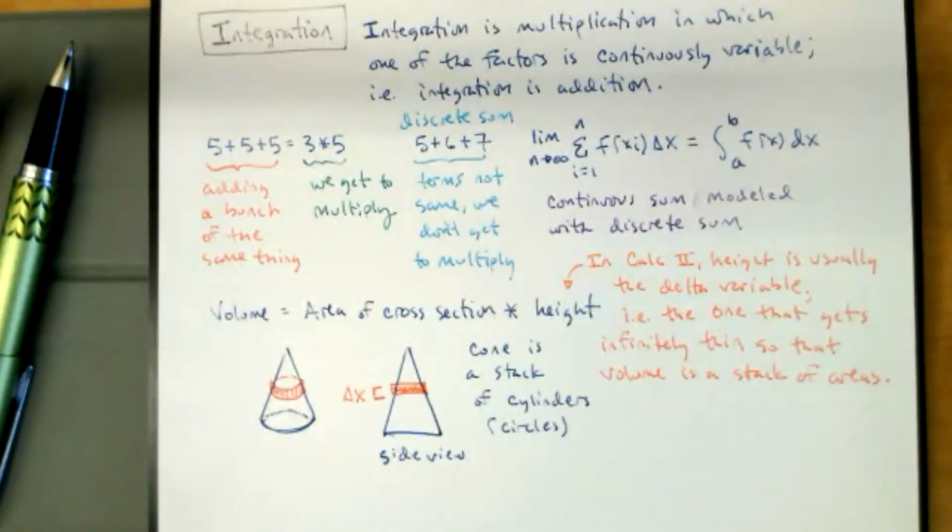Here in Calc 3, we have more freedom because we're going to use more variables. We're still going to imagine volume as the area of a cross section multiplied by the height. That's not changing.